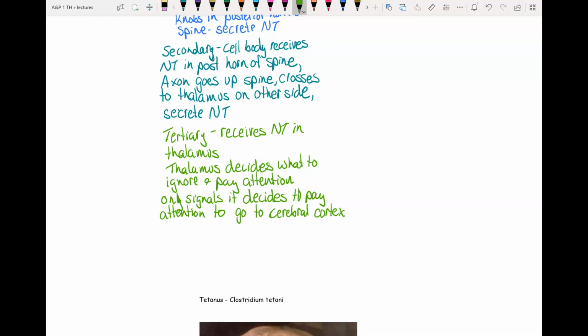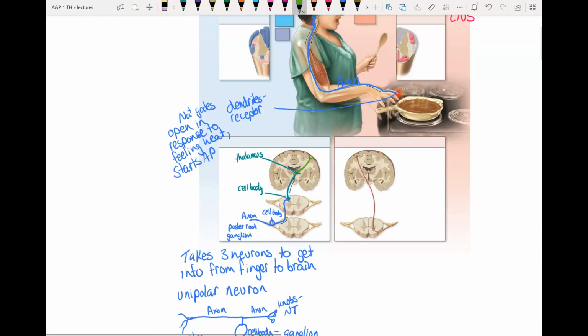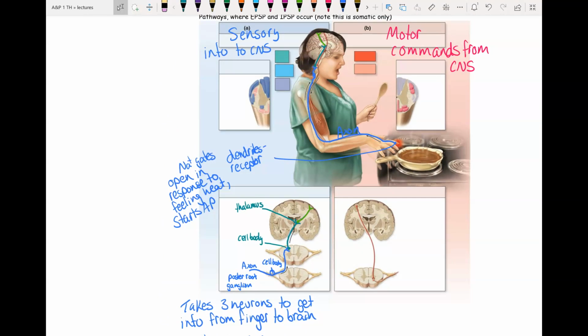Okay, now see how much you remember from chapter 13. This is touch. So which lobe and which part of that lobe do you think it's going to on the cerebral cortex? Think about touch. In this case, it's going to the parietal lobe and the somatosensory cortex, since she's touching something.